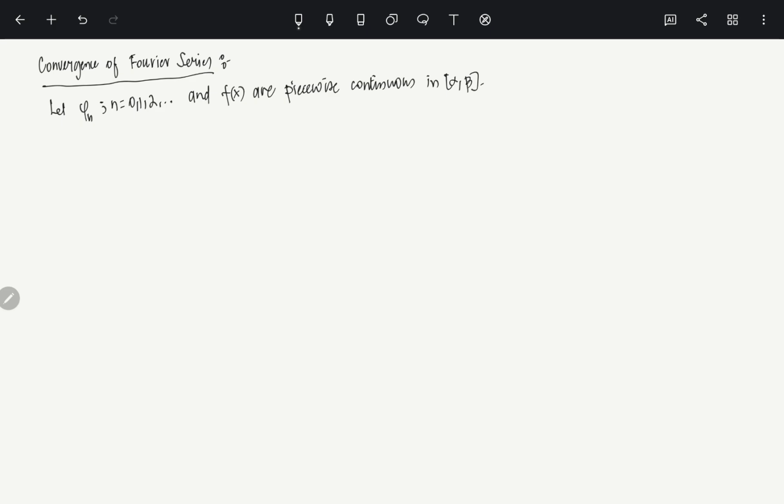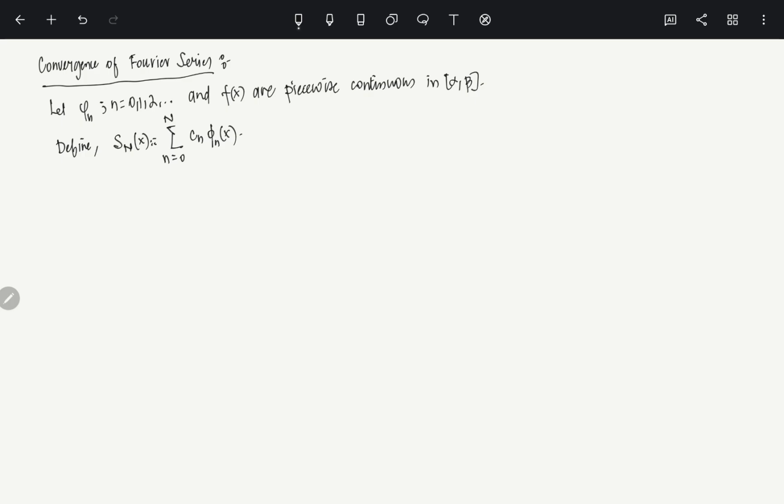So that's what we call piecewise continuous. Now we define S capital N of x. This we are going to define as the summation n equals 0 to capital N, the first N plus 1 terms of Cn phi n of x, and we denote it by capital SN of x.